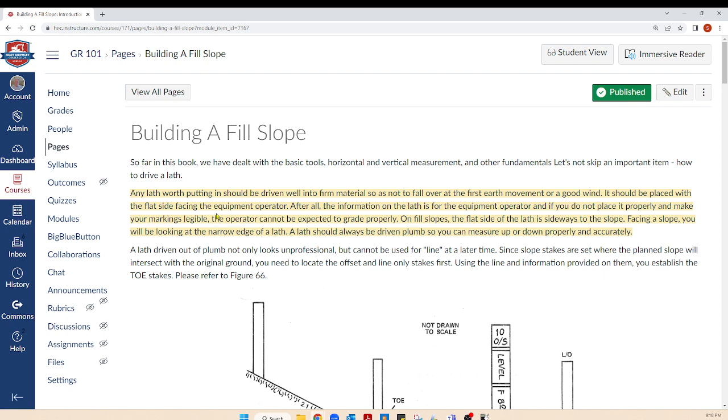It should be placed with the flat side facing the equipment operator. After all, the information on the lath is for the equipment operator, and if you do not place it properly and make your markings legible, the operator cannot be expected to grade properly.